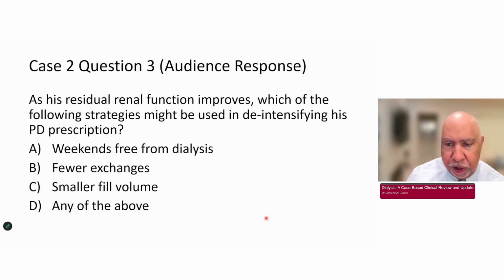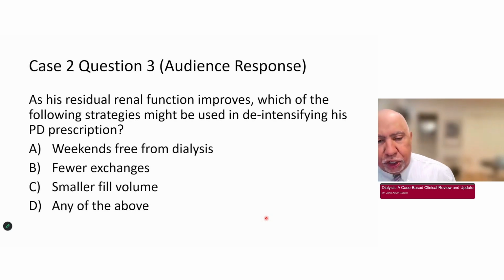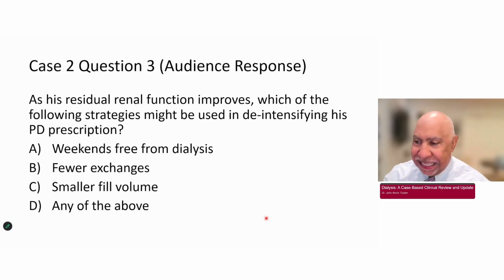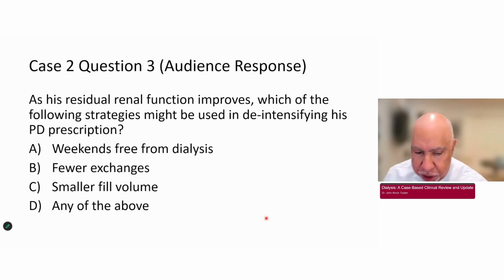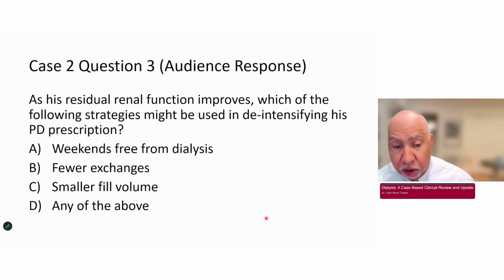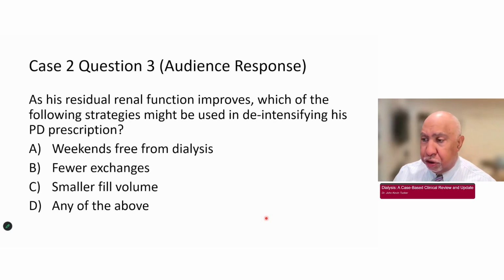So as his residual renal function improves, which of the following strategies might you use in de-intensifying his PD prescription? Would you give him weekends free from dialysis? Would you do fewer exchanges? Would you do a smaller fill volume? Or could you use any of these strategies?